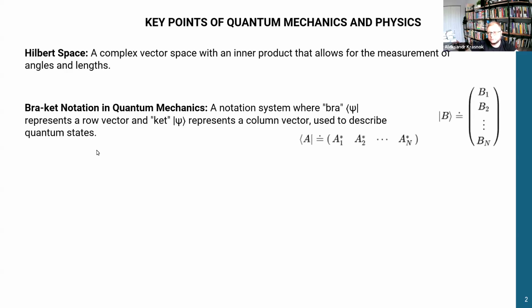Since we are describing quantum states by vectors, we introduced a new notation for the vectors. It's called bracket notation. The bra vector is a row vector of elements, and the number of elements is equal to the dimensionality of the Hilbert space. The ket vector is a column vector.